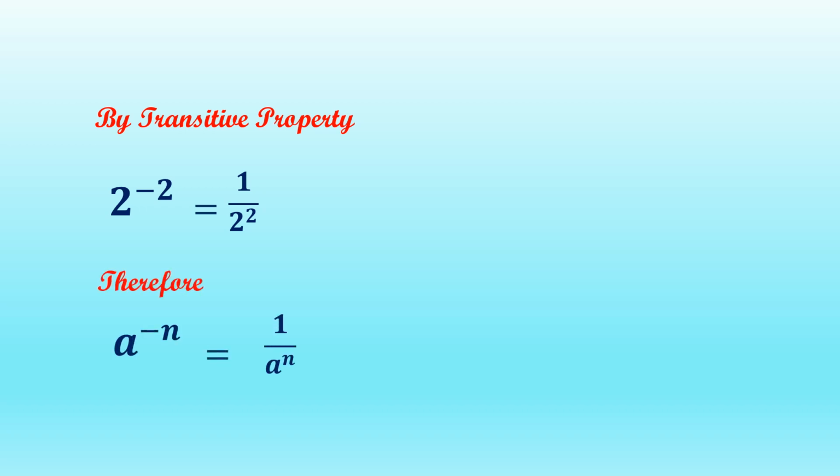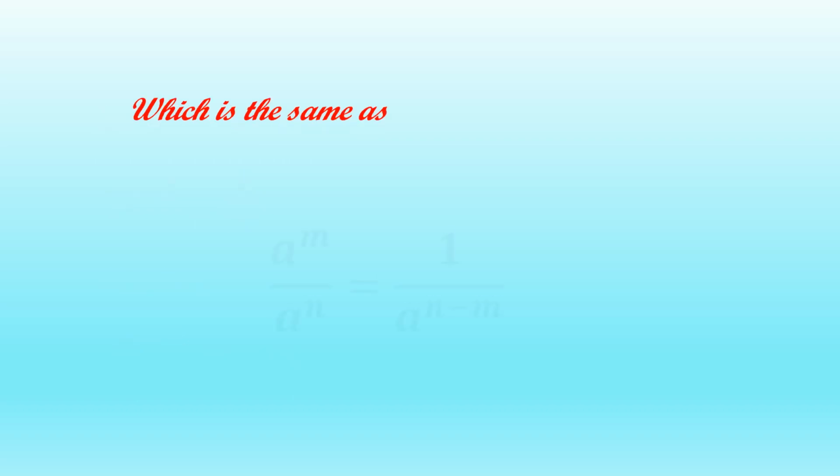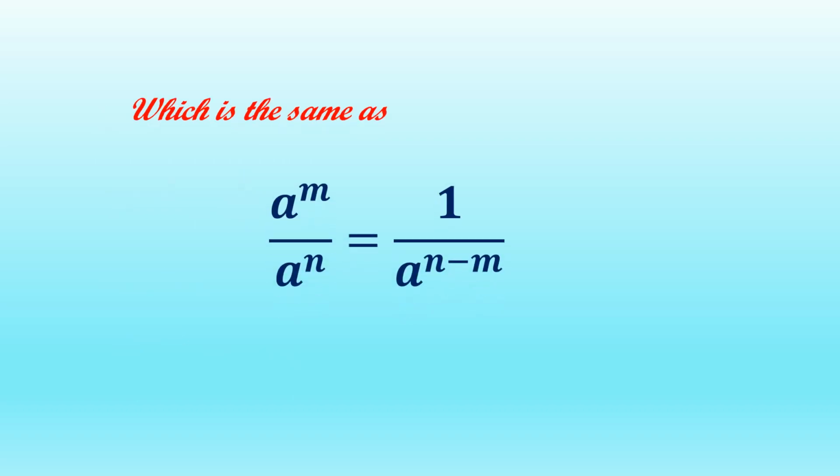By transitive property, 2 raised to the negative 2 is equal to 1 over 2 squared. Therefore, a raised to the negative n is equal to 1 divided by a raised to n, which is the same as a raised to the power m divided by a raised to the power n is equal to 1 divided by a raised to the power n minus m.